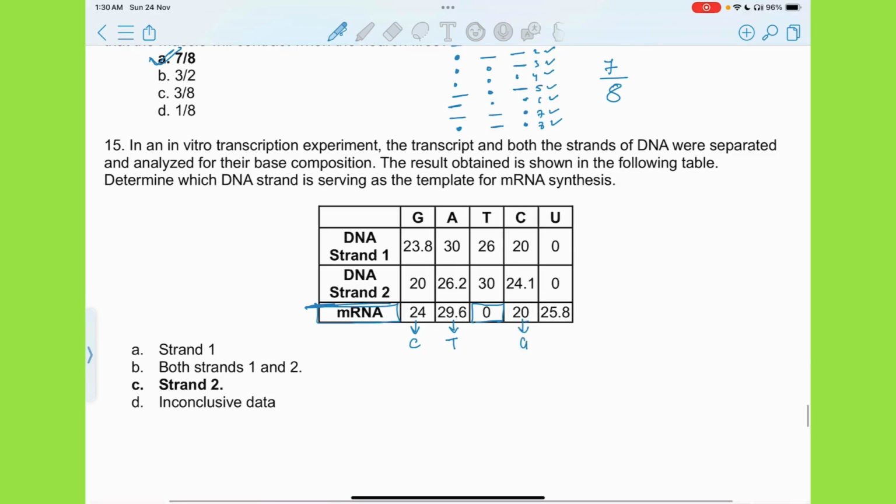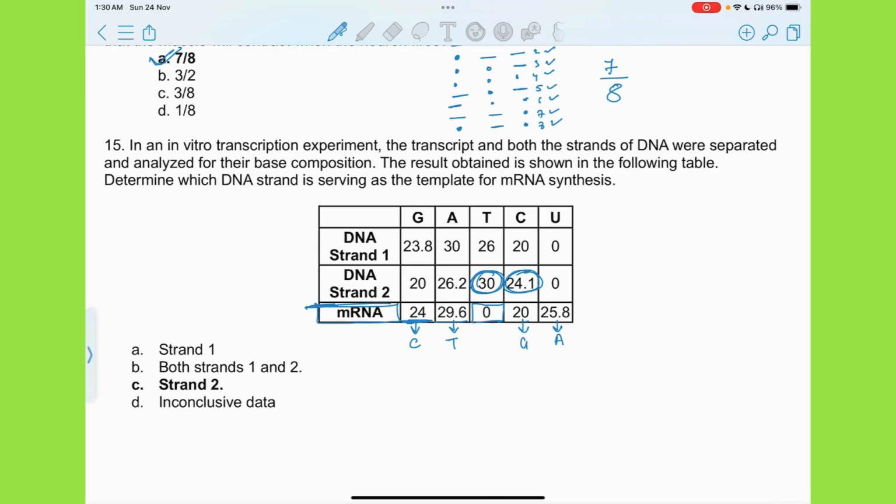C pairs with G and U pairs with A. So there are 24 G in the mRNA, so there should be approximately 24 C, which is here in strand 2, and then there is 29.6 A in the mRNA, so there should be approximately 30 T here.